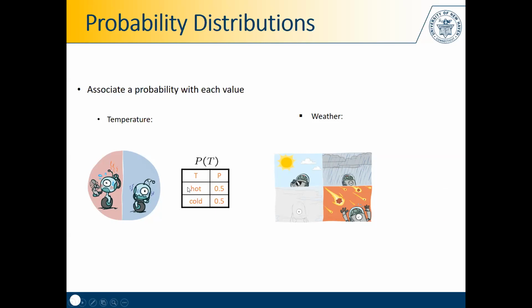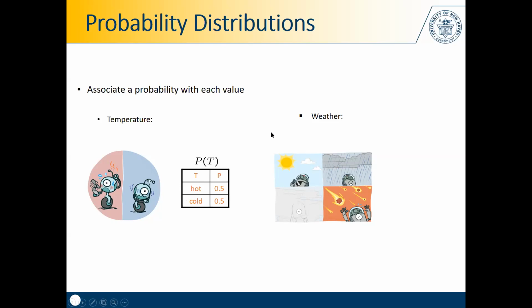The temperature can either be hot or cold. Now, this table here is an example of a probability distribution for the random variable t. It's telling us what the probability of each of these outcomes is. So for the outcome hot, the probability is 0.5, and the same is for cold.